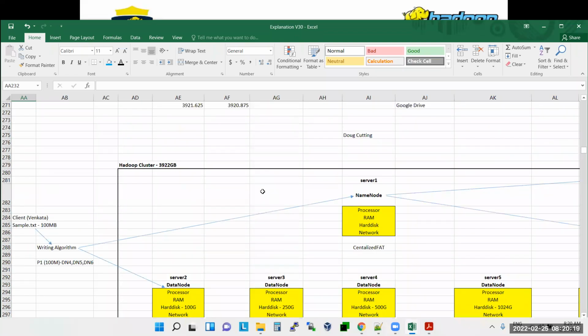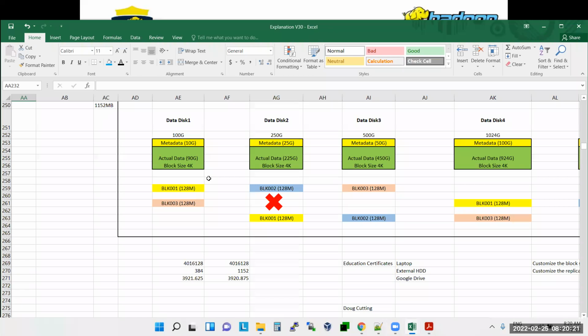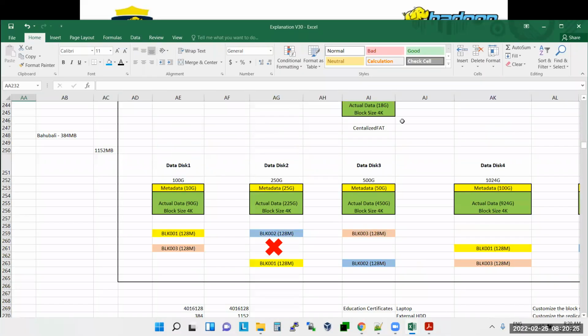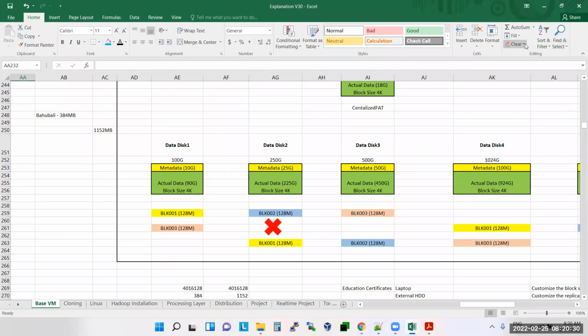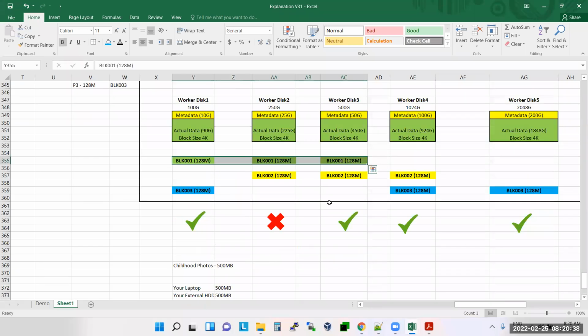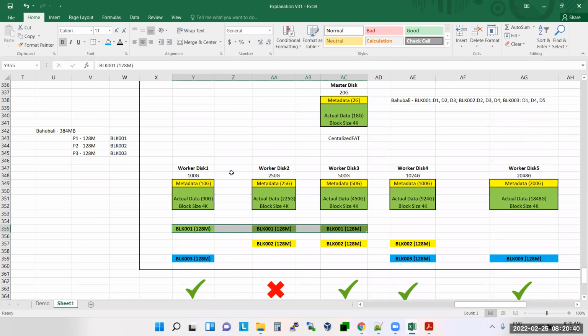So now, in short, we need not have DR in Hadoop systems, because anyhow we are maintaining three copies of everything. Sir, let's go back to the same concept here. Now block 1 is in 3 hard disks. Yes or no? What in case your time is bad and all 3 worker disks are gone, what will happen now?